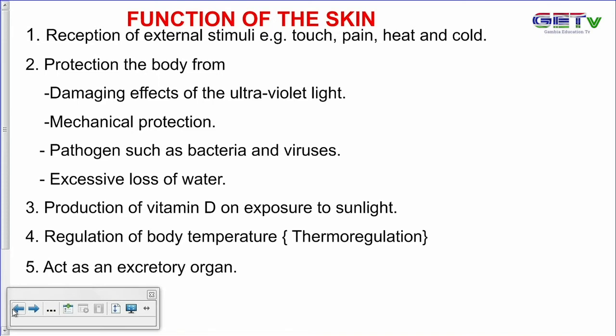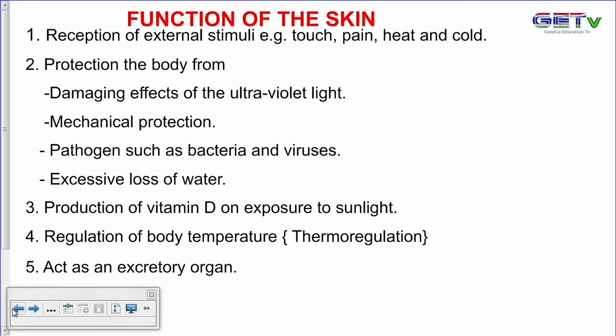Pathogens, bacteria and viruses. When these pathogens or bacteria come in contact with our skin, they cannot penetrate because our skin is resistant. But when there is an opening, when you have a cut, these bacteria and viruses can easily enter.